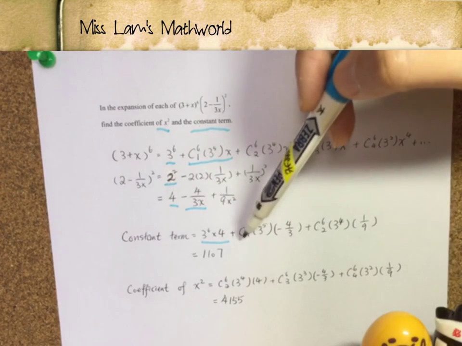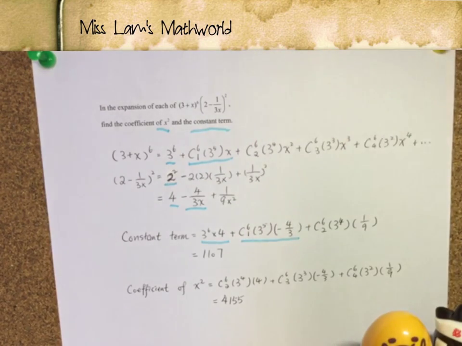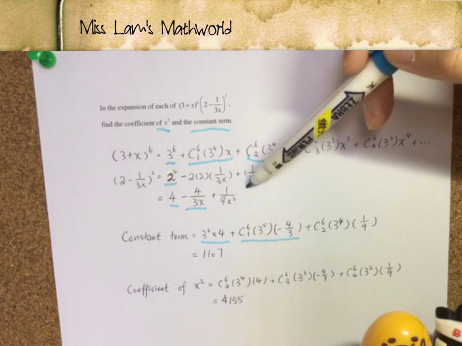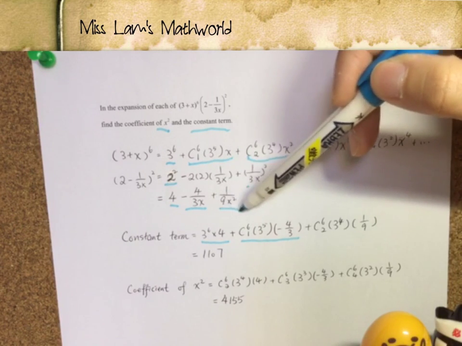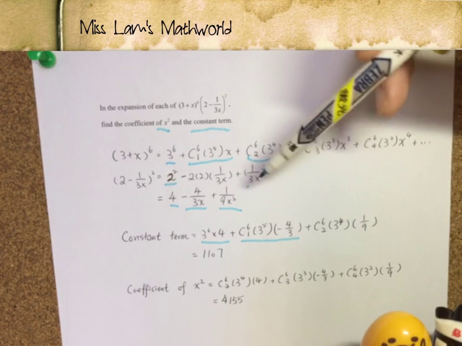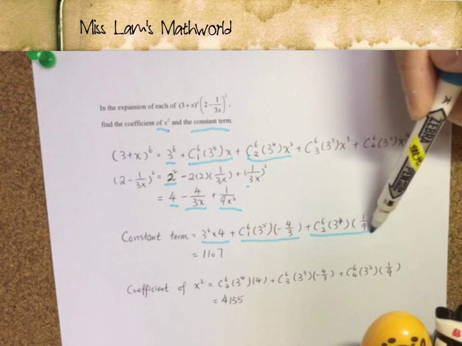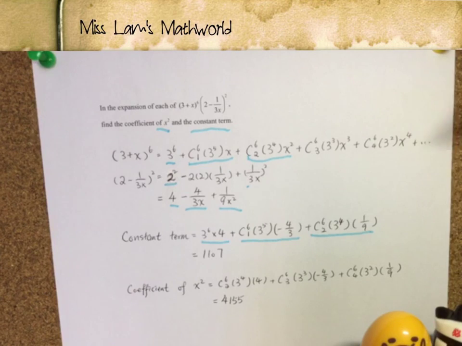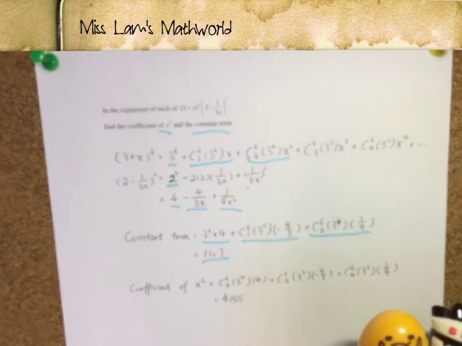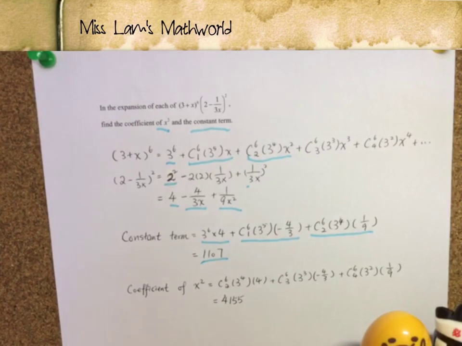So considering the coefficients, we can get the multiple and get a constant term. And finally, for x squared, we also consider x squared divided by x squared, so it becomes a constant term too. And with careful calculation, we get the answer. So we have solved for the constant term.